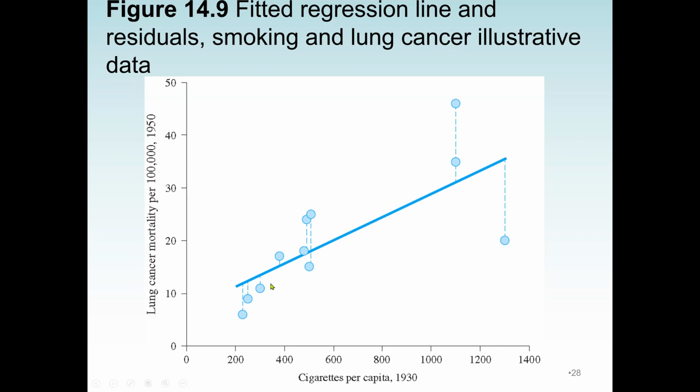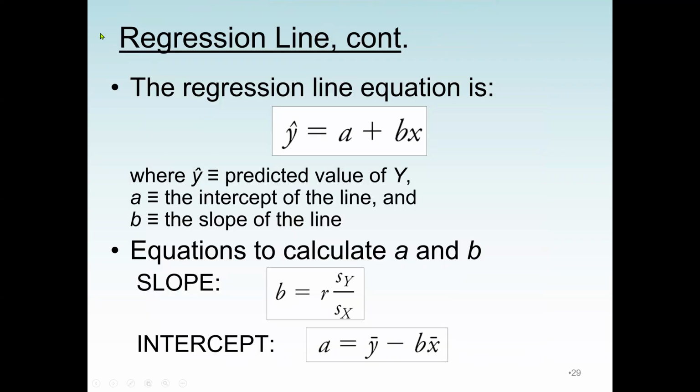So how do we generate this line? When you are using software like Excel or SPSS, it's very straightforward. You have your data, then you select a regression equation. But if we are doing it manually, then this takes us to something like a college algebra straight line.